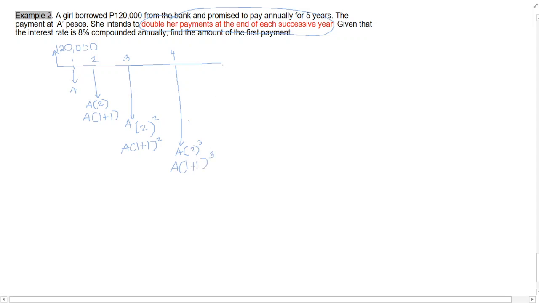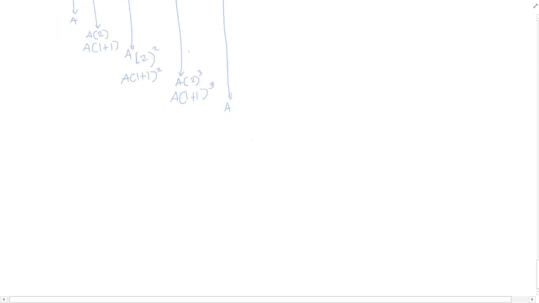And for the fifth year, that is your fifth year already. So that is A multiplied by 2 raised to 4, or we can write that as A multiplied by 1 plus 1 raised to 4.